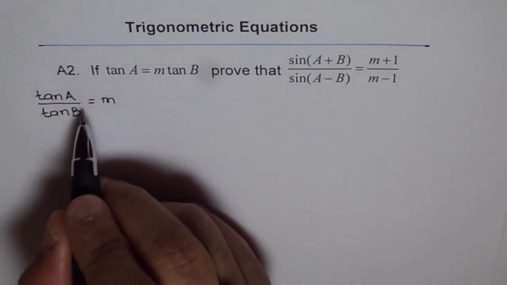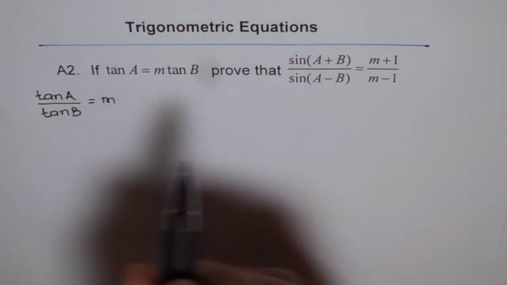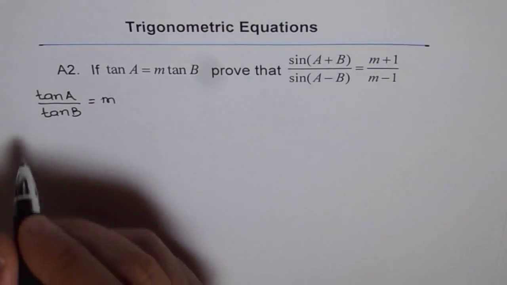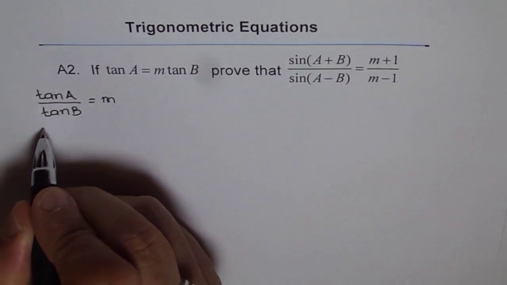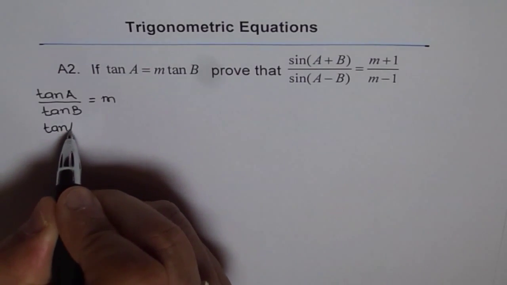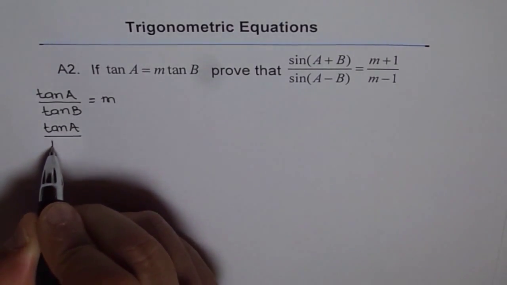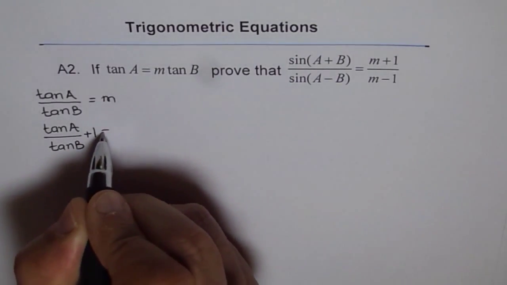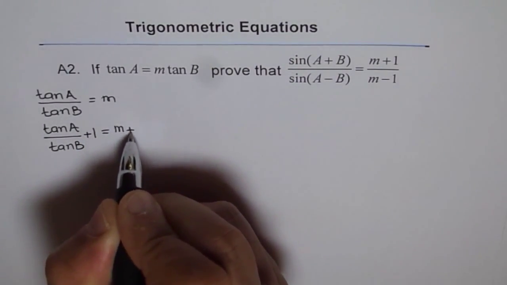Now the next step, we will add 1 on both sides. We want this m plus 1, that's the whole idea, to get m plus 1. So we'll add 1 and see what we get. We get tan A over tan B plus 1 equals m plus 1, correct?